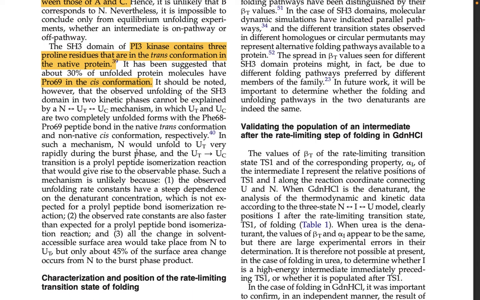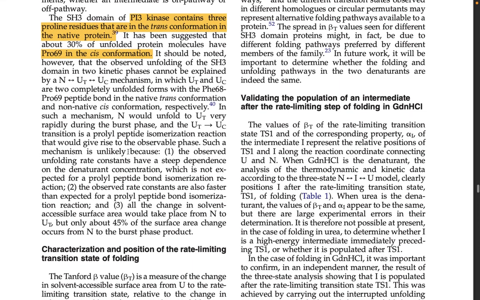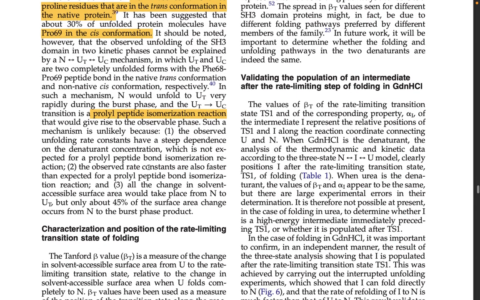In such a mechanism, N would unfold to UT very rapidly during the burst phase, and UT to UC transition is a prolyl peptide isomerization reaction. That would give rise to the observable phase. Such a mechanism is unlikely because, number one, the observed unfolding rate constants have a steep dependence on denaturant concentration, which is not expected for a prolyl peptide bond isomerization reaction.